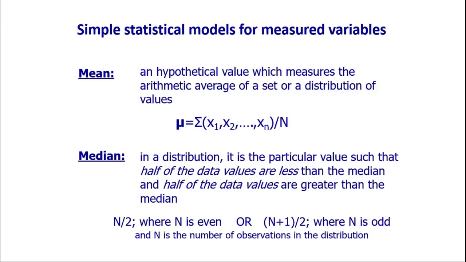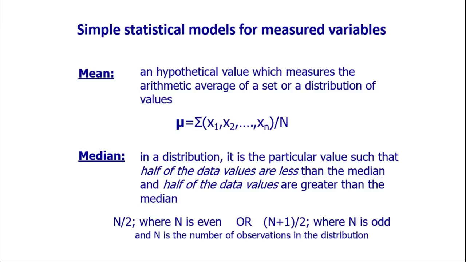Where it says mu is equal to sigma x1, x2, and so on up to xn divided by capital N. Well, what on earth is all that? Basically, this says add up these values and divide by how many you've got. It's as simple as that.